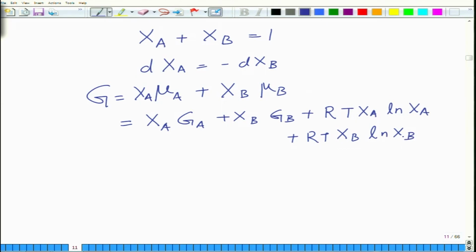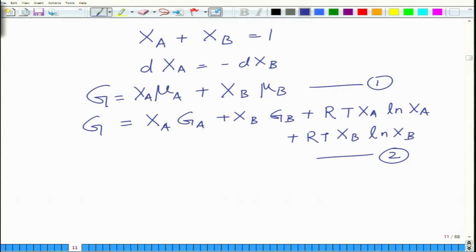So this is what we did earlier when we calculated the mixing part. This is the first expression, the relation with respect to chemical potential. This is the relation we obtained from mixing when we calculated the delta G mix: XA GA plus XB GB plus RT XA ln XA plus RT XB ln XB.